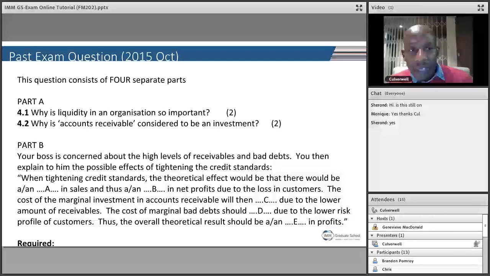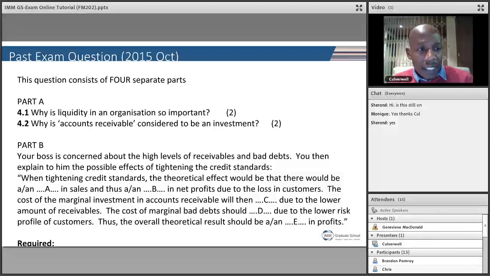So we would have invested in our inventory. After that, we hope that when customers pay in future, we'll also be getting a profit. Remember, unless you're a non-profit organization, you would not sell your products at cost price. So we invest in the inventory at cost price with the hope of collecting our receivables in future at a profit, which basically becomes an investment.